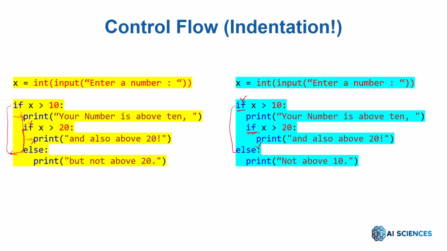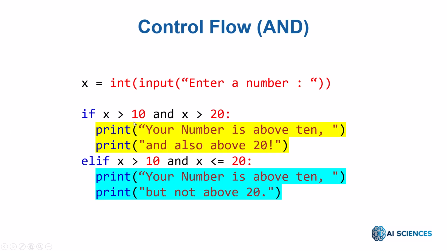Okay, the same thing is achievable. If you want to achieve this nested if, x larger than 10 and then inside it x larger than 20, this is the same as saying if x is larger than 10 and, that's a keyword, x is larger than 20, then print this particular block. This is the whole block for this particular if condition.